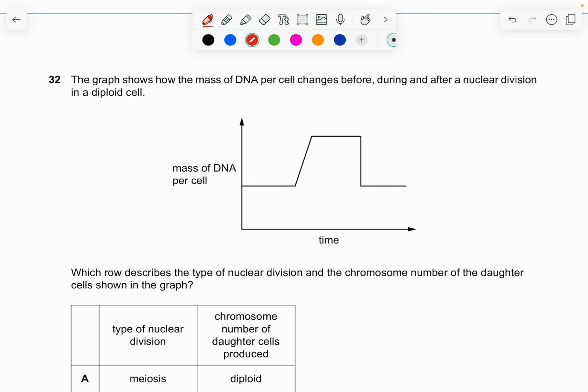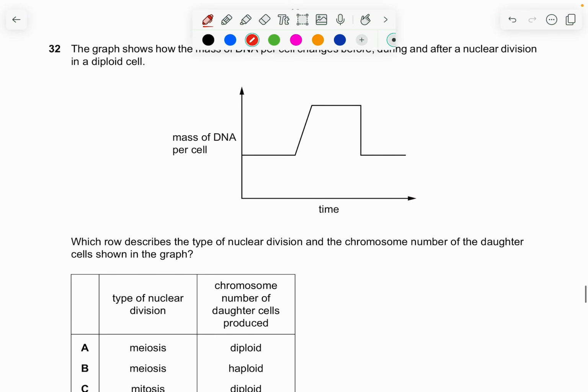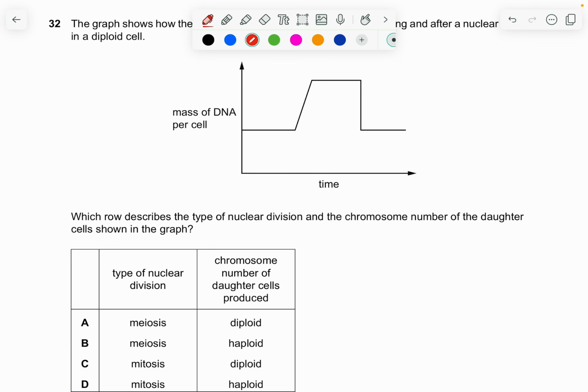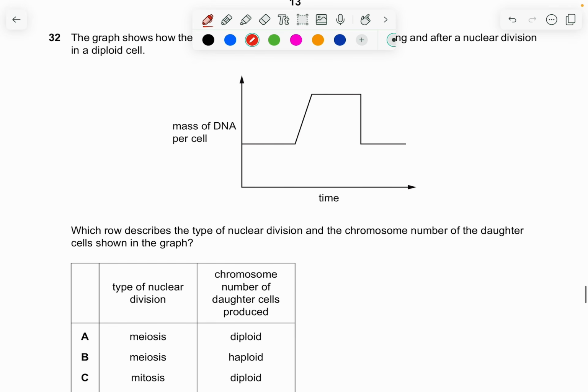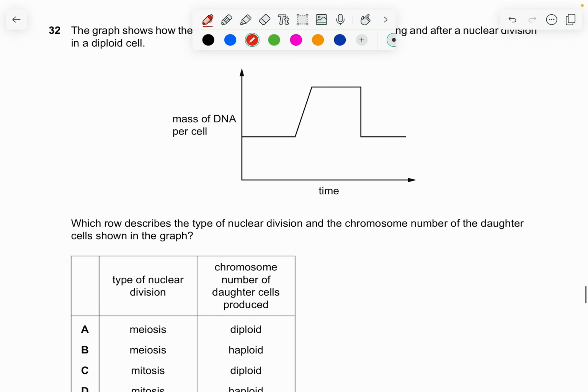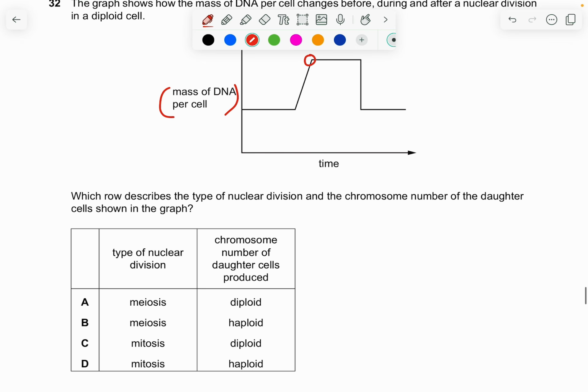The graph shows how the mass of the DNA per cell changes before, during, and after a nuclear division in a diploid cell. Which row describes the type of nuclear division and the chromosome number of the daughter cells in the graph? You can see that this may look a bit funny at first, but you just have to understand what happens. They say the mass of DNA per cell initially increases, but later on it drops a little bit.